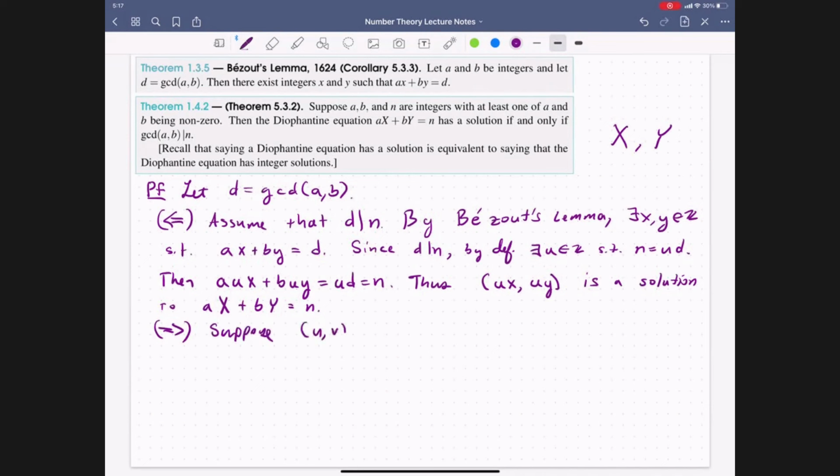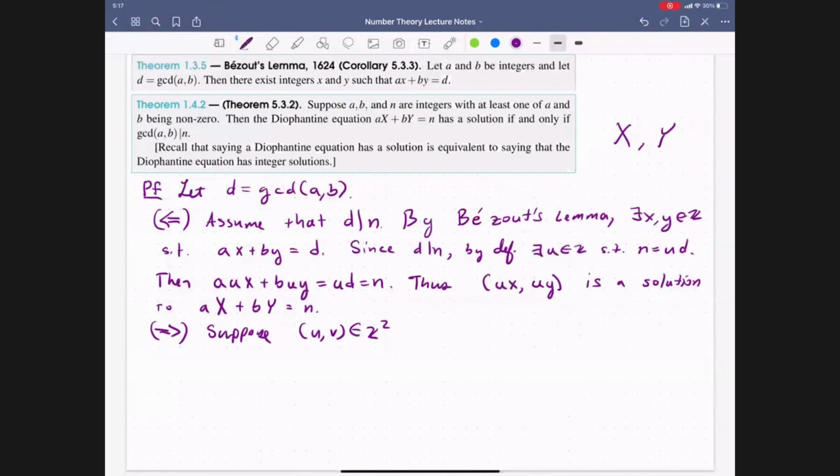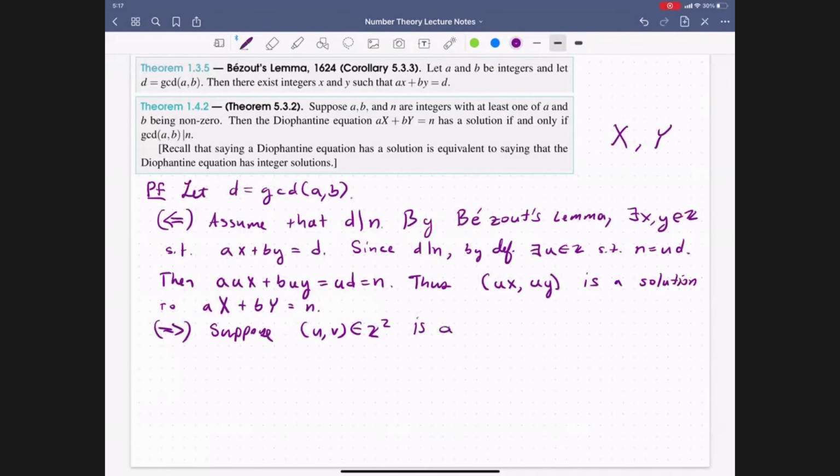So u comma v, and these are both integers, so I'm going to put this as a Cartesian product of two copies of Z. Suppose u comma v is a solution to ax plus by equals n.